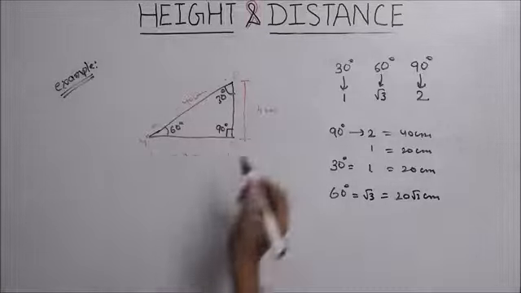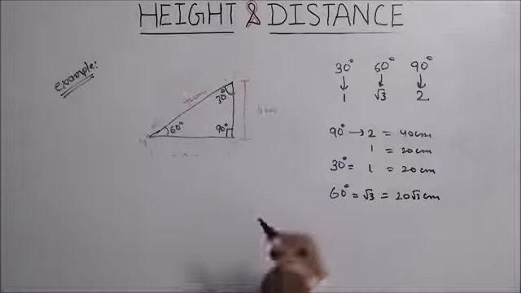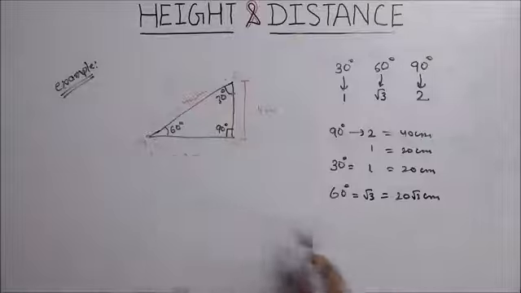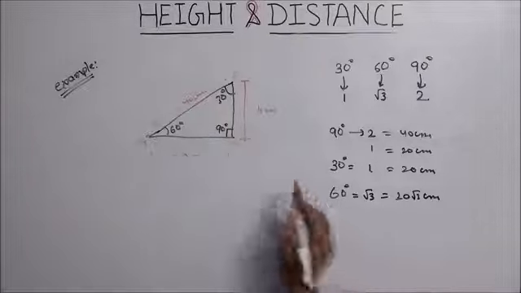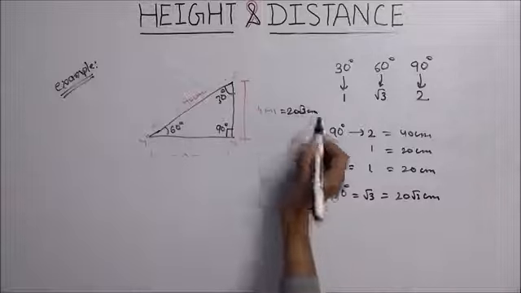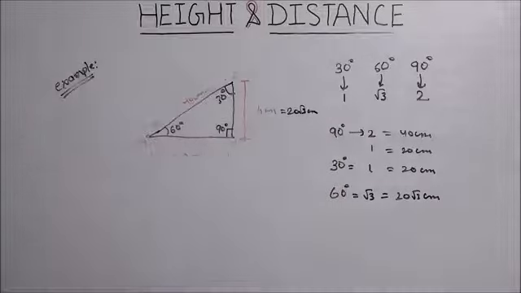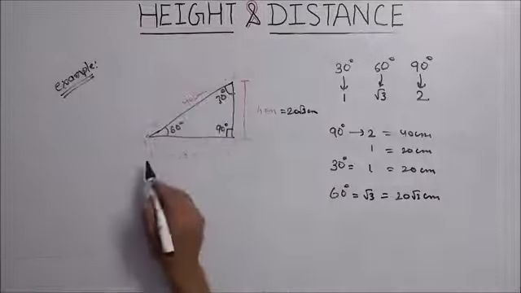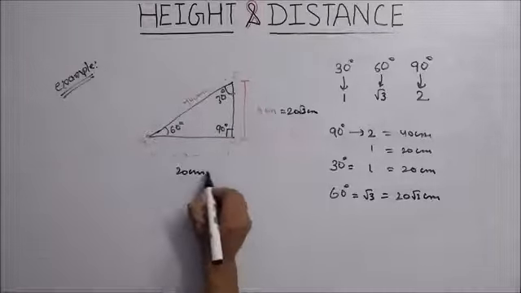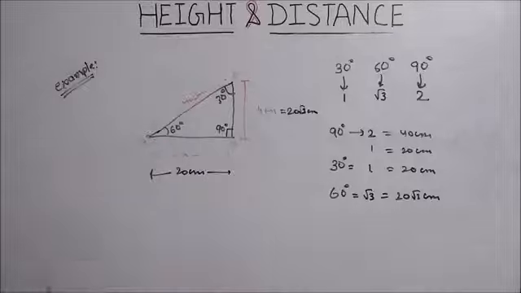Again, the height of the tree is opposite to the angle 60, and the value of angle 60 is 20 root 3 centimeter. And for the 30 degree, or you can say the distance between M and N, that is 20 centimeter is your answer.